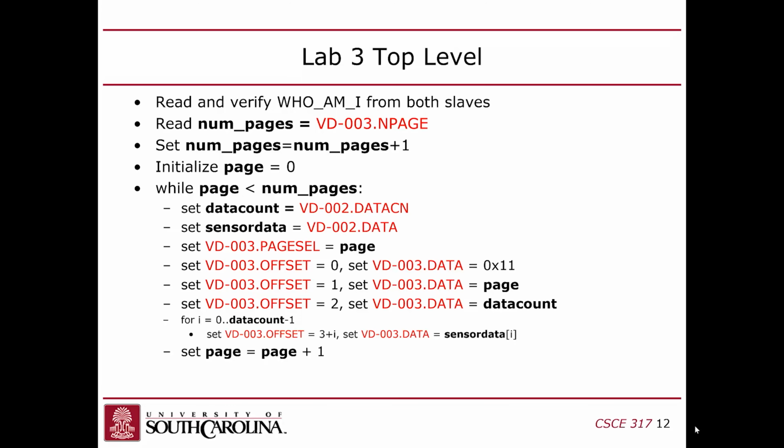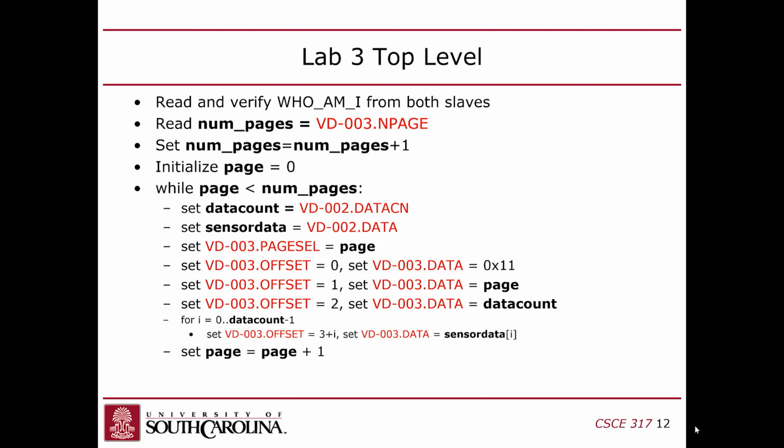Okay, so that means that you can follow a fairly simple algorithm for this lab. Basically, you want to begin by reading and verifying the who am I from both slaves, which we did for the one slave in the last lab.